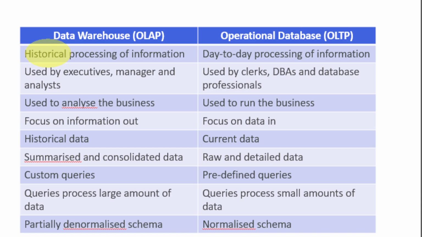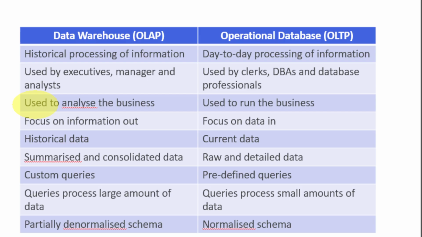Data warehouse is historical processing of information, whereas operational database is day-to-day processing of information. Data warehouse is used by executive managers and analysts, whereas operational database is used by clerks, DBAs, and database professionals.